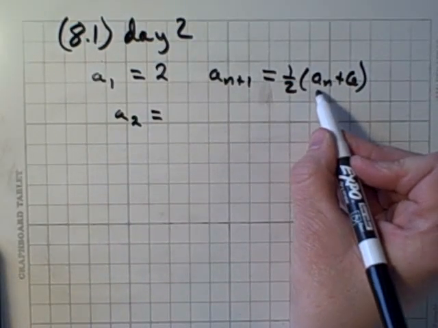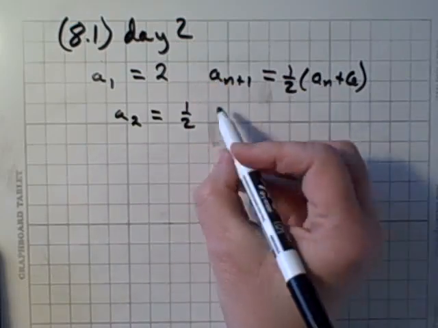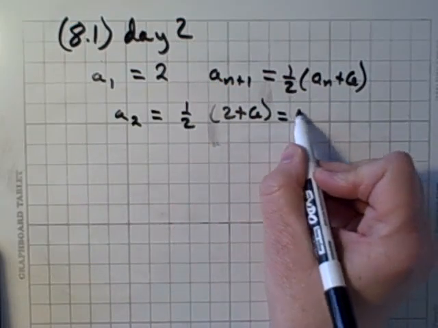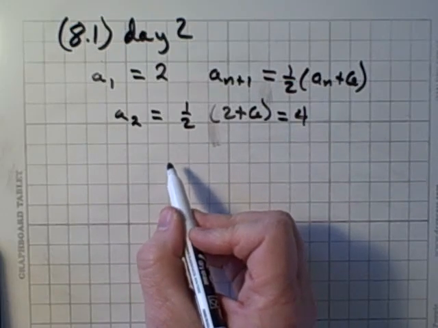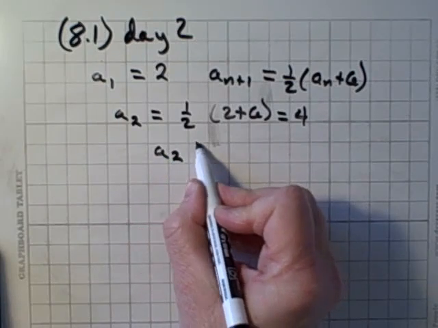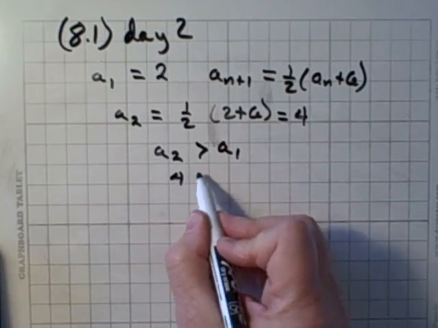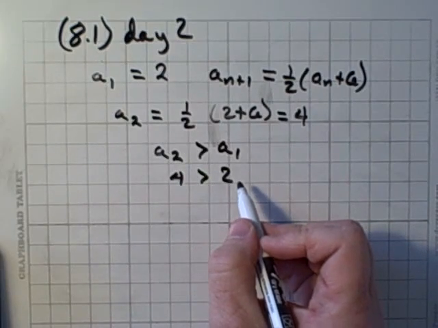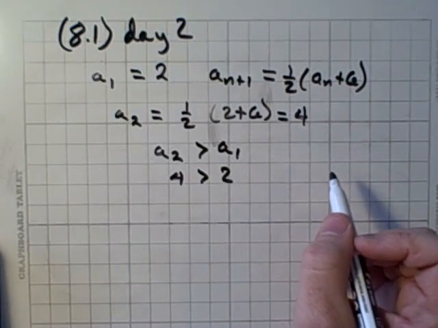And of course, if I put 2 in here, a sub 2 is equal to 1/2 times 2 plus 6. 8 cut in half is 4. So it does look as if this sequence is climbing. So a sub 2 is bigger than a sub 1 because 4 is bigger than 2. So our first proof that we will carry out is that it is increasing.